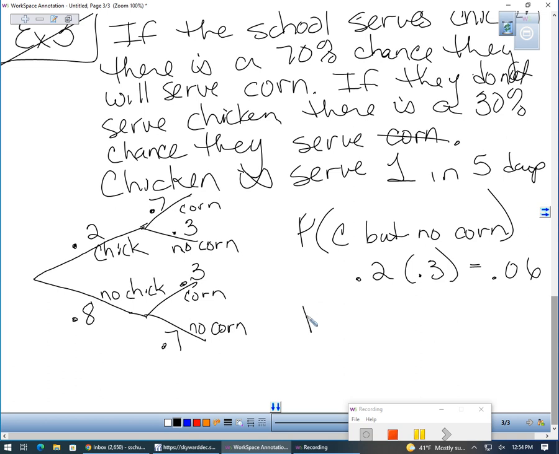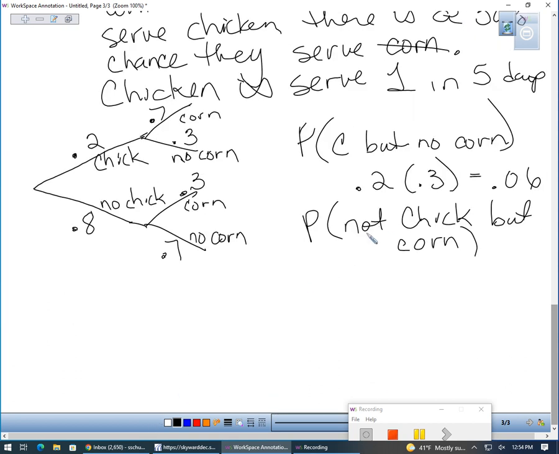What's actually the probability of not having chicken, but corn? Okay, so not chicken is 0.8, and we are having corn, which is 0.3, so the probability would be 0.24.